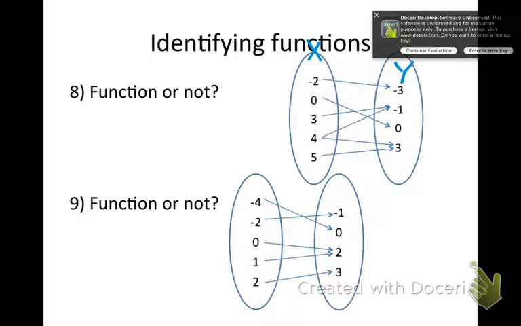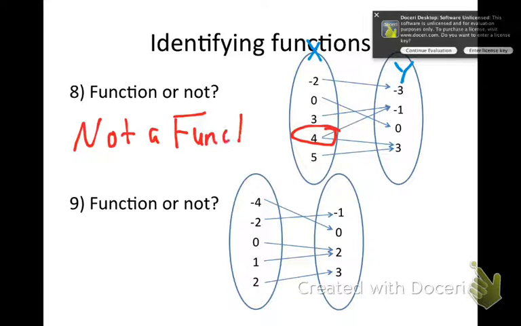What's wrong with that? Yeah, 4 has 2 different outputs. So number 8 is not a function, because 4 goes to both -1 and 3. Again, one value can mess it up for everything.